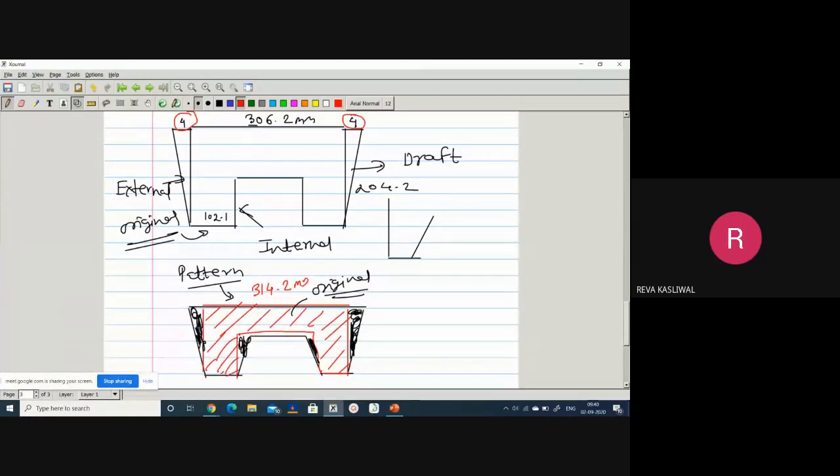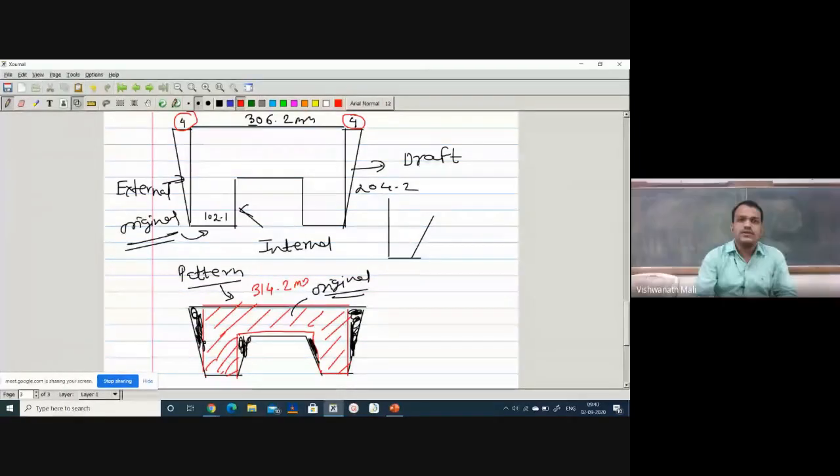Sir, how can we calculate the vertical height? Because it is at some angle. It's very simple. See here, suppose the dimension we got here is 204.2, and suppose a 1 degree taper angle we have given.